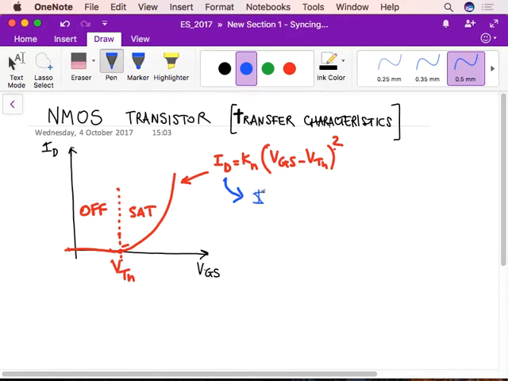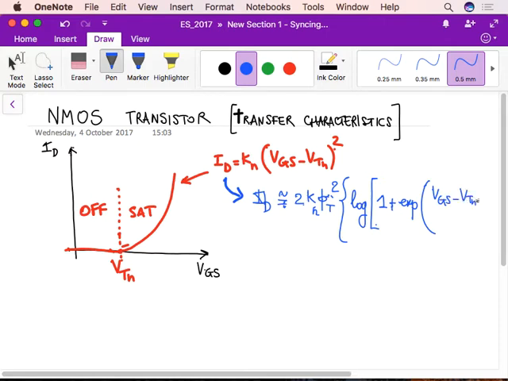We have ID equal to 2 Kn times Vt to the power of 2 times the logarithm of 1 plus the exponential of (VGS minus VTN) over 2 Vt, all to the power of 2.